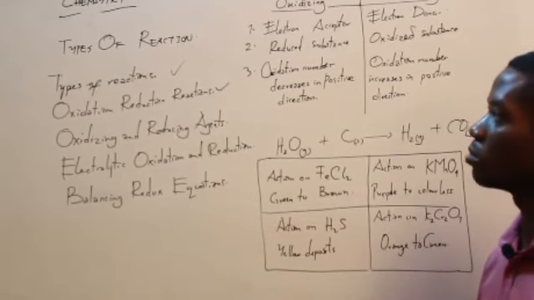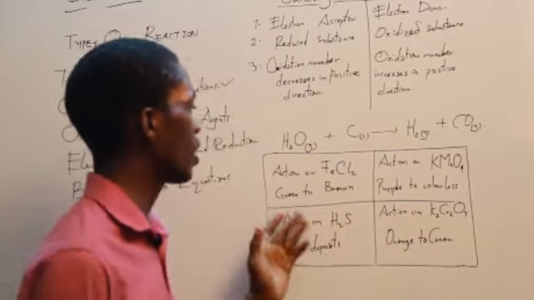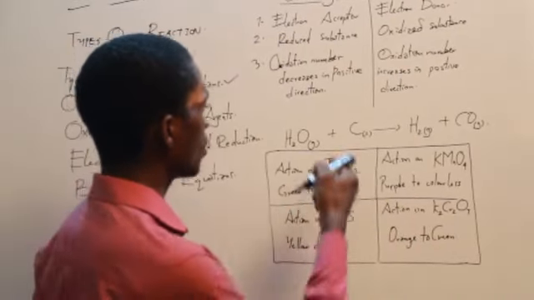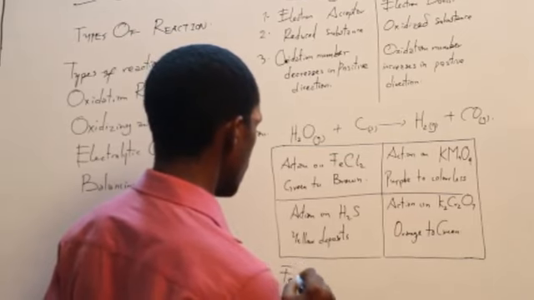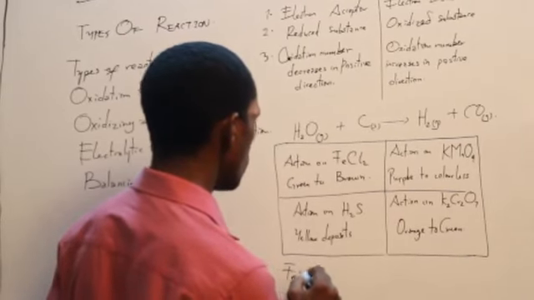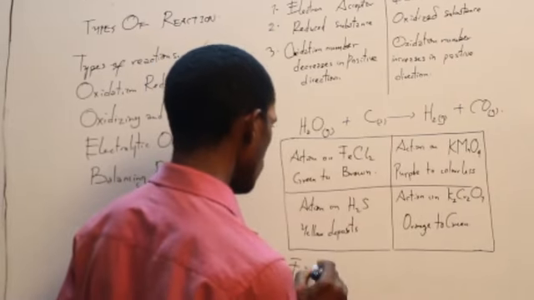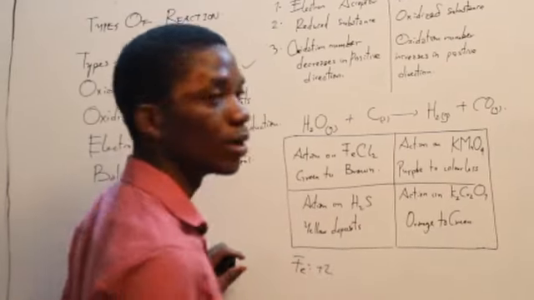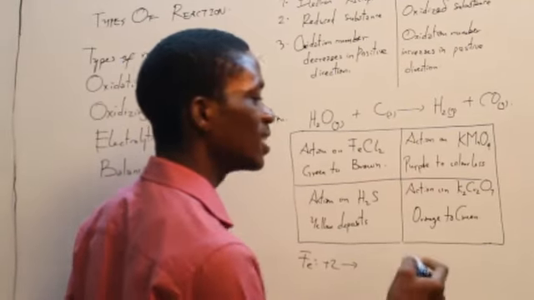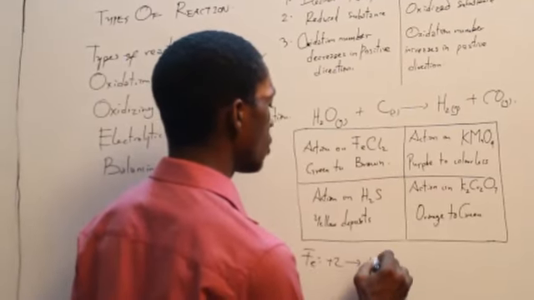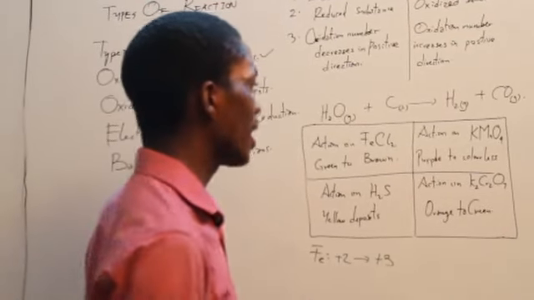Let's take a look at this particular third point that I was talking about. According to this, iron was having an oxidation number of +2. When it loses an extra electron, it has a next oxidation number of +3, because it has lost an extra electron.